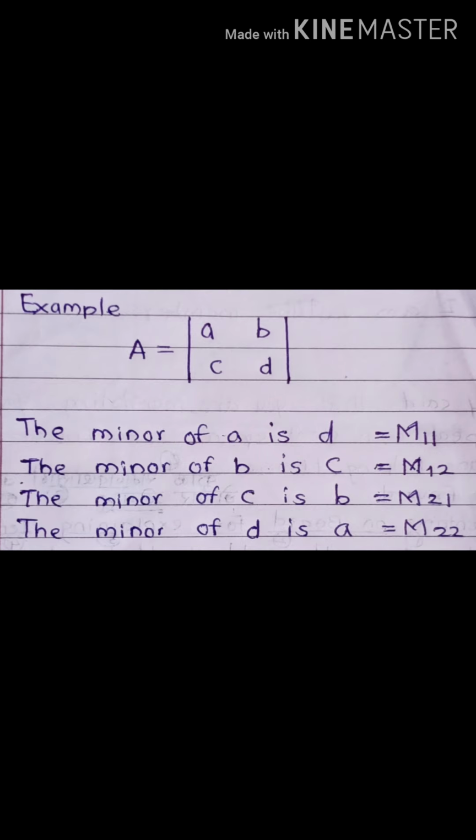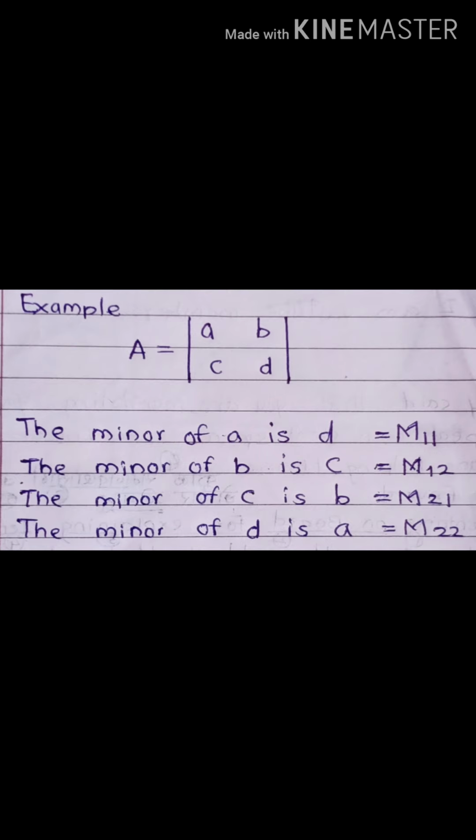A is a 2 by 2 determinant, first row A, B and second row C, D. The minor of A is D, that is M11. We get this D by eliminating the row containing A and the column containing A. Minor of B is C, that is M12. That means we hide the first row and second column because B is in the first row and second column.